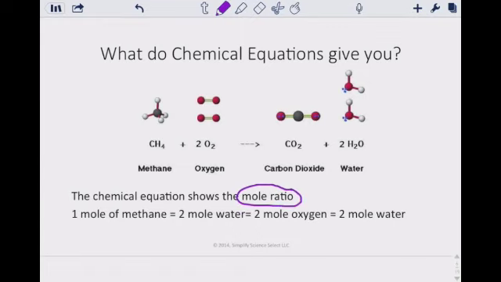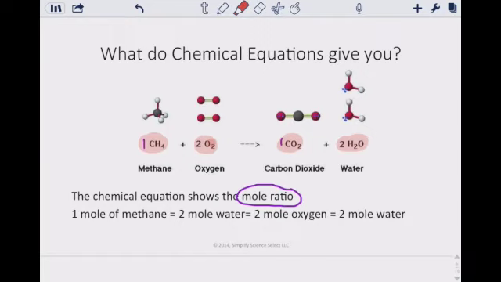Now we see that we have a 1, 2, 1, 2 ratio. What this really means is that for every 1 mole of methane, 2 moles of oxygen. It produces 1 mole of carbon dioxide and 2 moles of water.